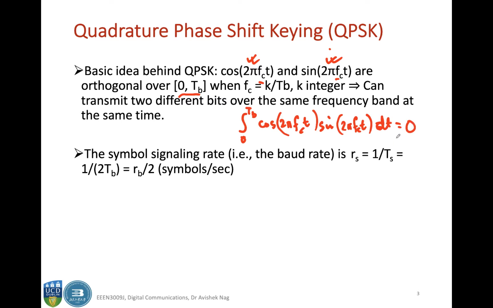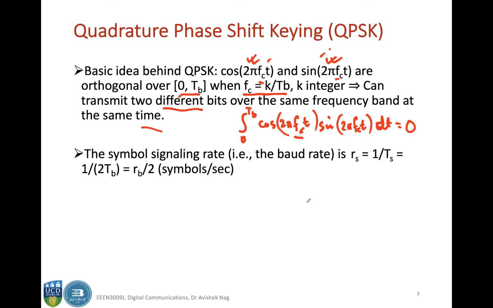But then there is another condition: Fc should be an integer multiple of 1 over Tb. Now since these two, cosine and sine, are orthogonal, you can transmit two different bits over the same frequency band at the same time by using these two signals.